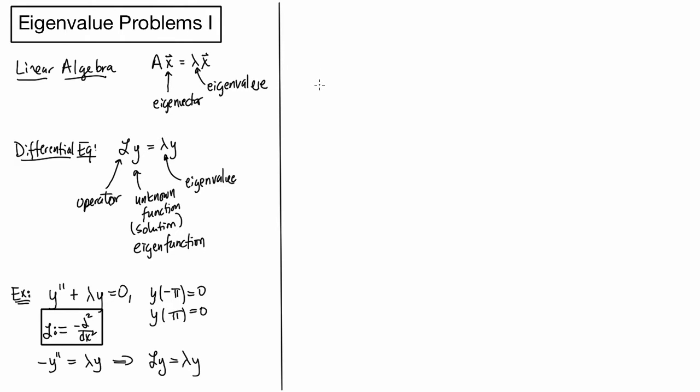So we know that if I'm looking at this particular equation, in the case where, let's say, lambda is equal to 0, in this case, we know that y double prime would equal 0, which would imply that y is some sort of linear function. I'll write it as ax plus b.